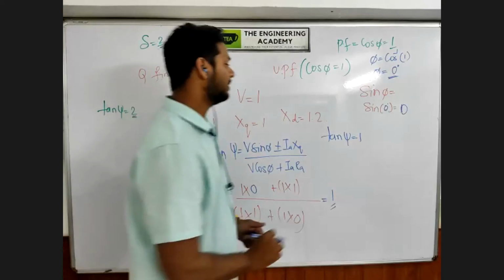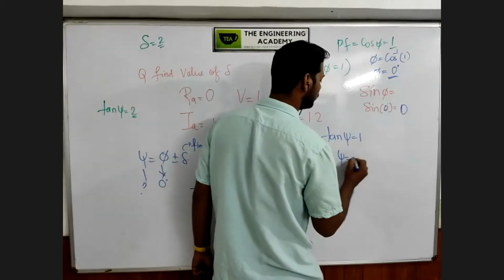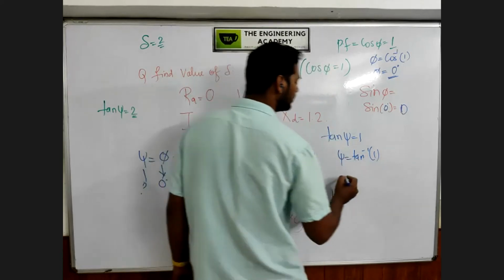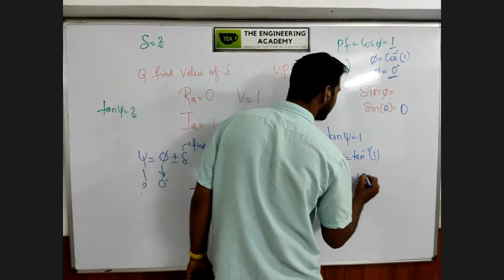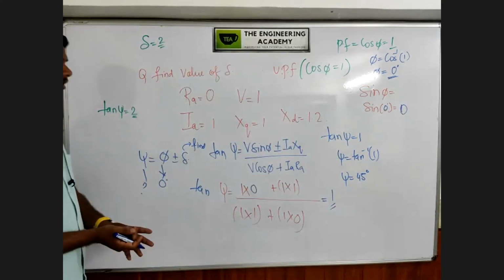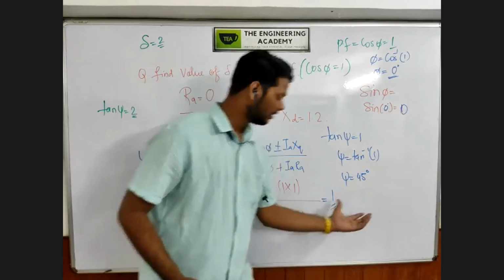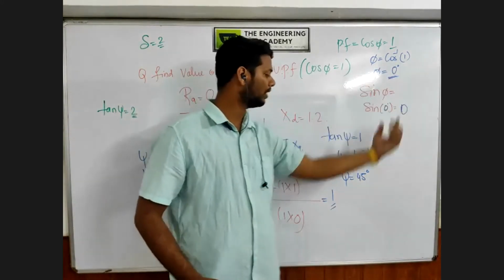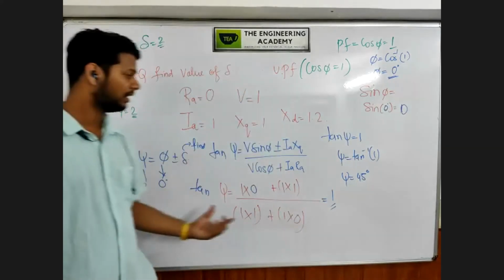So psi is equal to tan inverse of 1, which means psi is equal to 45 degrees. Okay, fine. We have got the value of psi. What is the value of phi? 0.